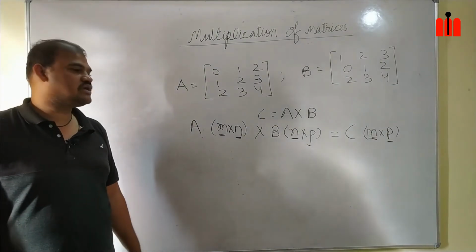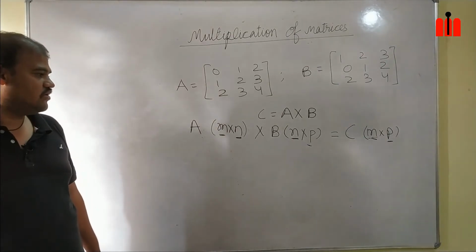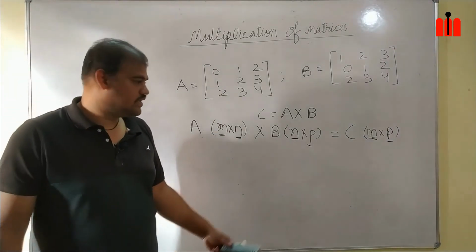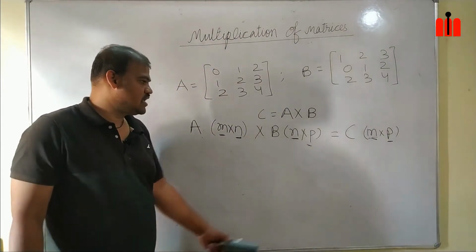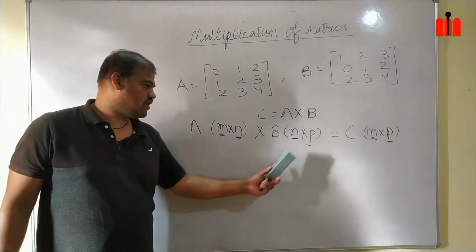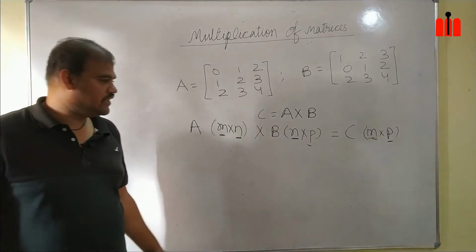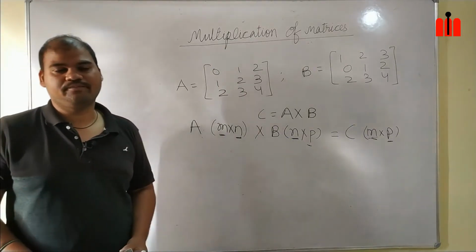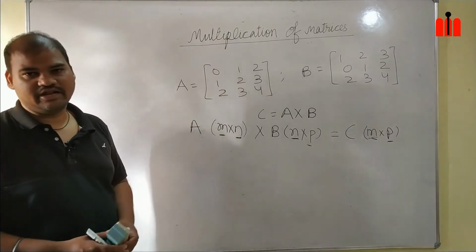So this is all about the size and the requirement. What is the requirement? That number of columns of A should be equal to number of rows of B. Why it is like that, we will understand in our next steps.